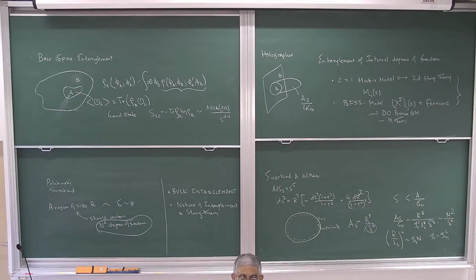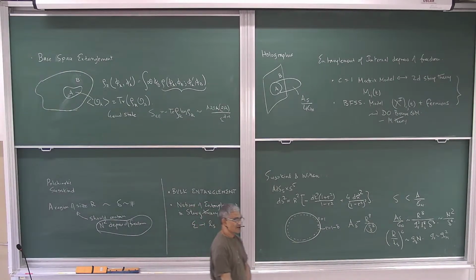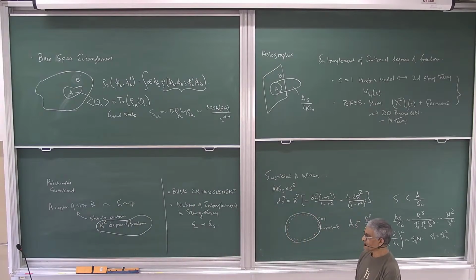If you're talking about low energy field theory, there is an argument due to Susskind and Uglum that that divergence is absorbed into the Newton constant. But if you are doing string theory, there shouldn't be anything like this. Anything you calculate in string theory should be finite. Or in other words, this epsilon should be replaced by the string length. And you might want to try to figure out how to get this.